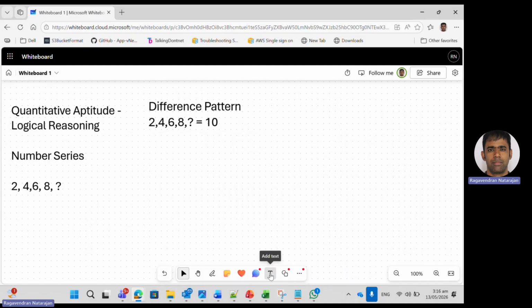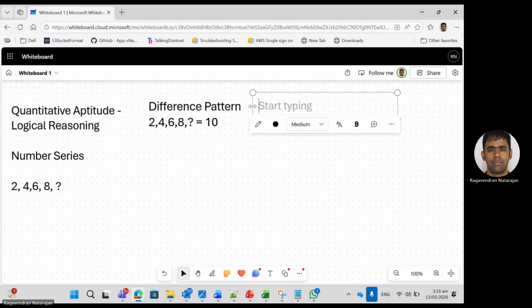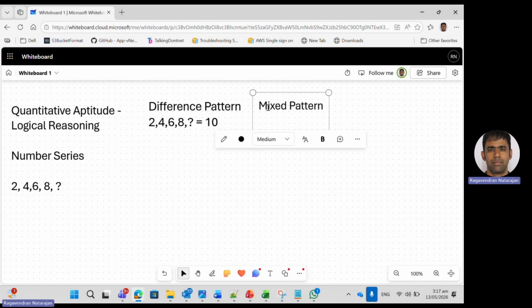What is a mixed pattern? As the name suggests, the difference between the numbers in the sequence will not be constant.